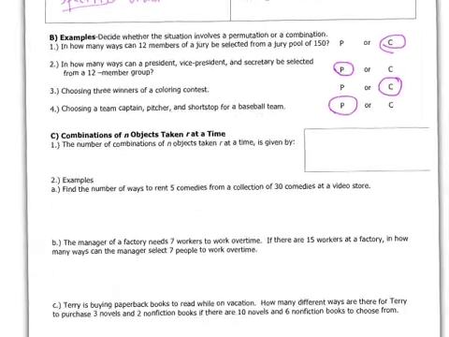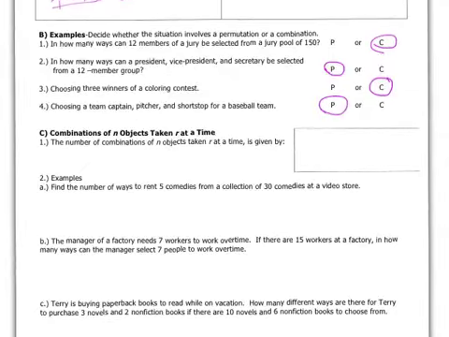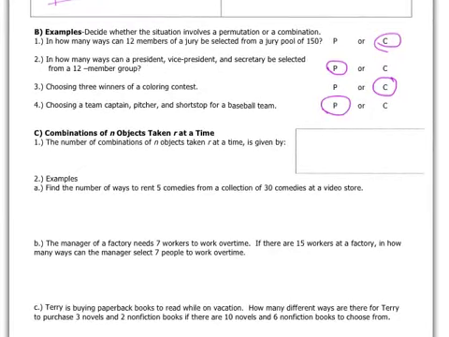So what we are going to look at now is how to find the number of combinations of a certain number of objects taken at a time. So this is denoted as nCr. n is the total number that you can choose from.